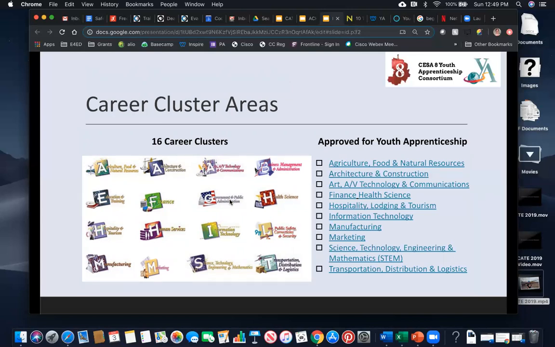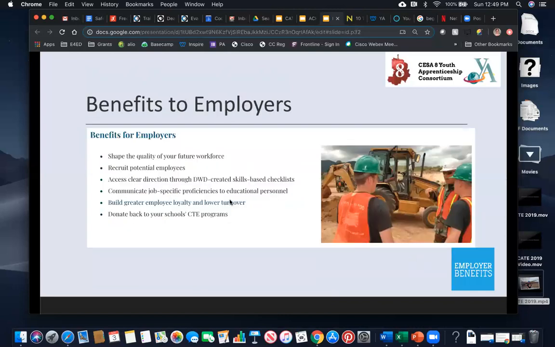That should be 2 separate things, so I will be fixing that. Hospitality, lodging and tourism, information technology, manufacturing, marketing, STEM, which is science, technology, engineering, and mathematics, and transportation, distribution, and logistics. That's where you would find things, for example, about automotive programs.